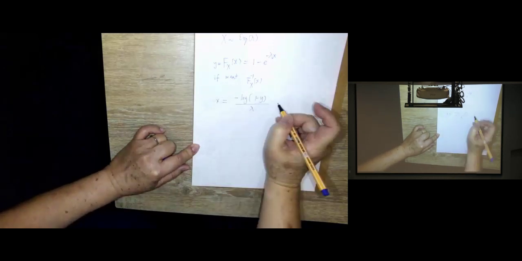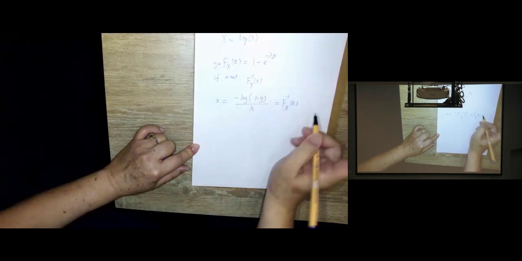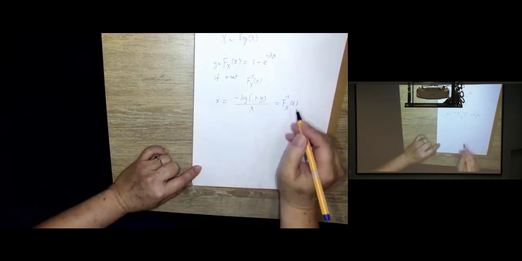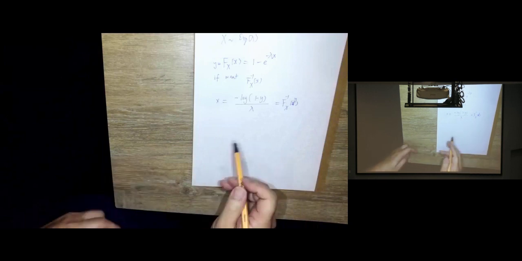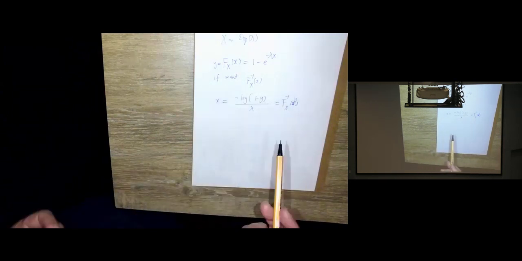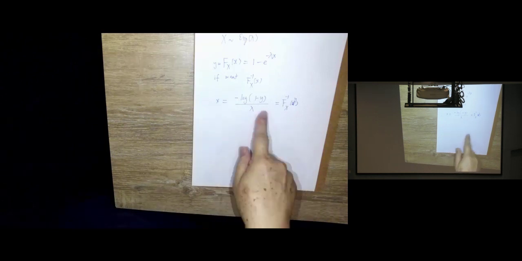So this would be our inverse function. If you have a q that you're interested in, say the 90th percentile, so you want to find out the number that corresponds to the top 90%, then you just do it this way.